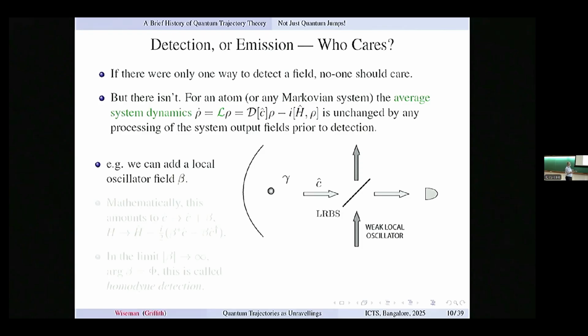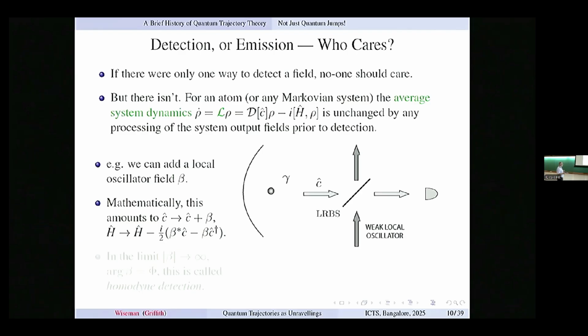We can just imagine that the light all comes out in one direction, and we can add a local oscillator to it before it enters the detector. Mathematically, this corresponds to a transformation on the operator appearing in the Lindblad term. It gets a field added to it, and to keep the master equation the same, we also have to change the Hamiltonian like this. But that's a transformation which does nothing to the master equation overall.